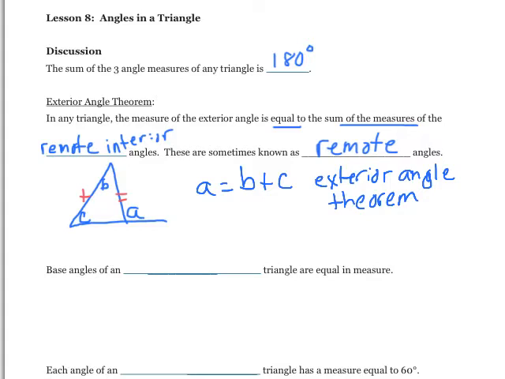The second property here, or the third property I guess, is the fact that base angles of an isosceles triangle are equal in measure. That's something that you guys should also already know. So an isosceles triangle, if I have two congruent sides, the base angles are the two that are opposite the congruent sides. So those angles are equal in measure.